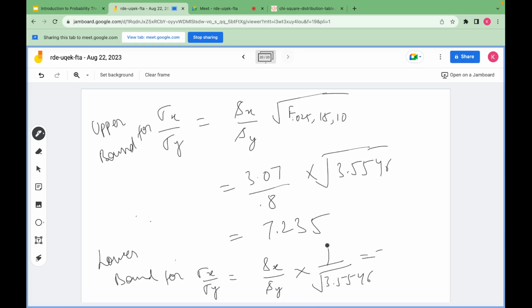For the lower bound we are dividing by this value, and for the upper bound we are multiplying with this value. But here we are putting sx by sy, and here also sx by sy. If you switch these for upper and lower bound, then the answer will come the same. So you need to fix this ratio, sx by sy. For the upper bound you will multiply it with this f statistic, and for the lower bound you need to divide it with this f statistic.